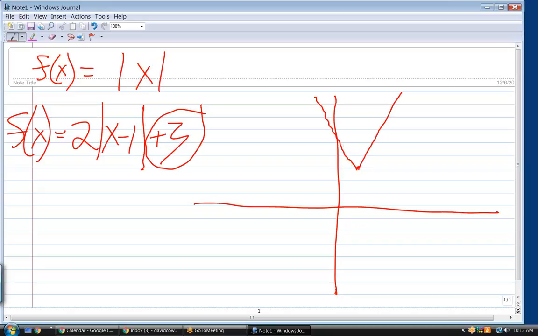Correct. And this is a vertical stretch, where my point would have been lower, it's now twice as far away. So the effect is it makes it look steeper, and the reality is yes, the slope on this line is +2, the slope on that line is -2.